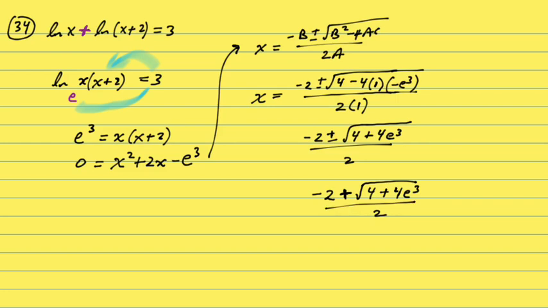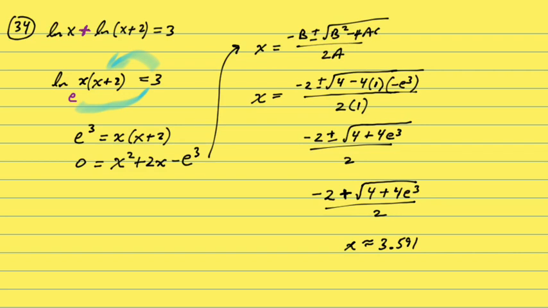So let's compute these values. I have negative 2 plus the square root of 4 plus 4e raised to the third. So I want that number divided by 2. And I get 3.591.